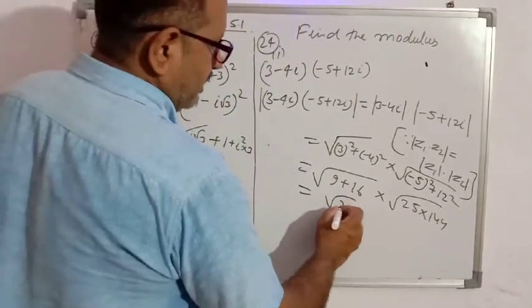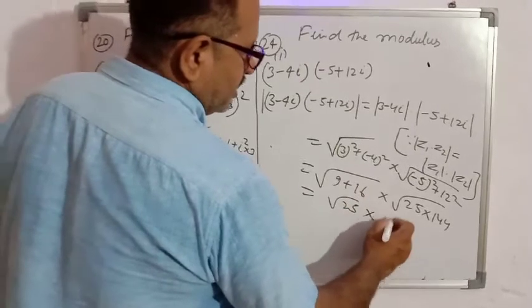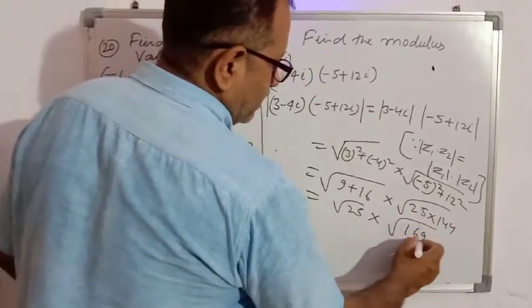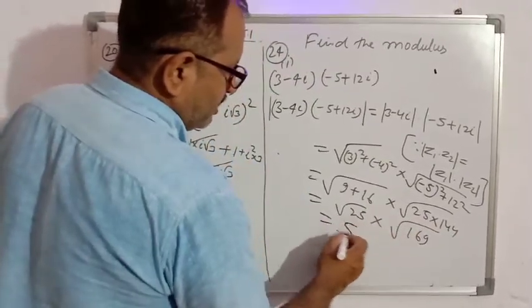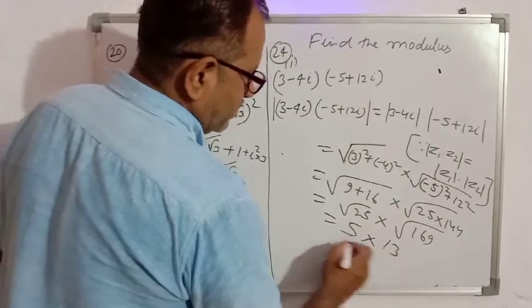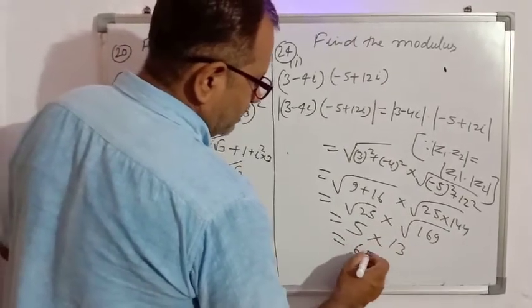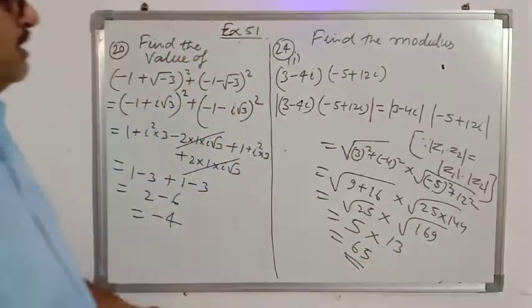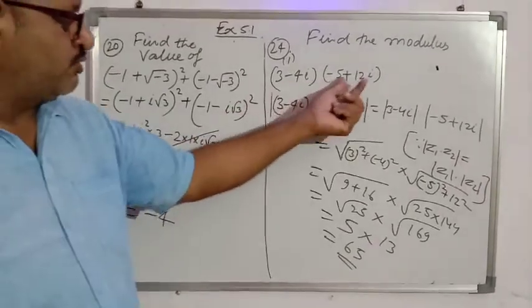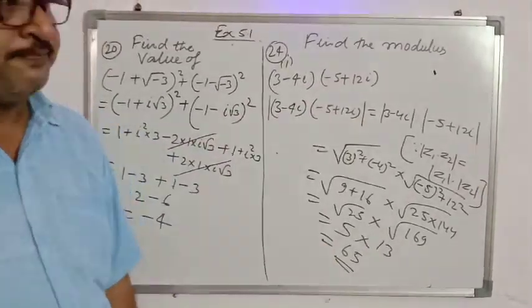It is 25 from 16 plus 9, and the other will be 169. Square root of 25 is 5, and this is 13. 13 into 5 is 65. So the modulus of the product of these two complex numbers is 65.